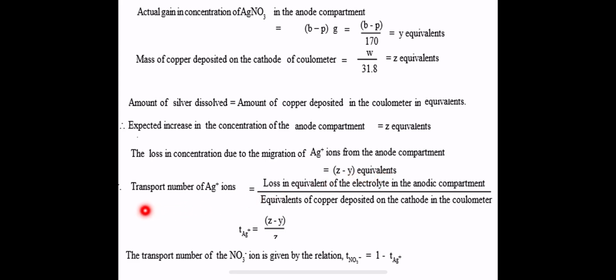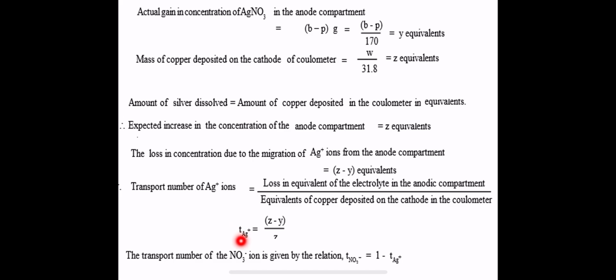Now let me calculate the transport number of Ag plus ions. As we used in the previous section, the transport number of Ag plus ions is defined as the loss in equivalents of the electrolyte in the anodic compartment divided by the equivalents of copper deposited on the cathode in the coulometer.